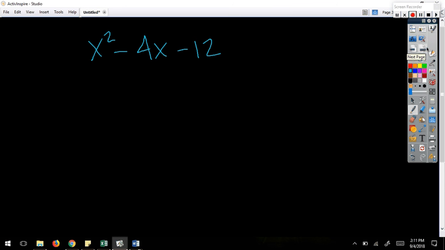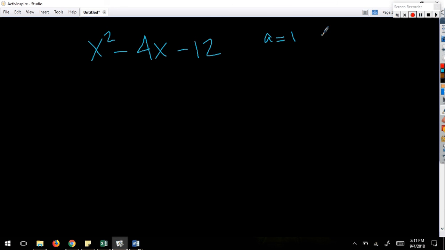It's got to go into all three of them to have a GCF. Does it have one other than 1? No. So I'm good to move on to the next step. What is A? How about B? How about C? Multiply A and C together. What do you get? Negative 12.